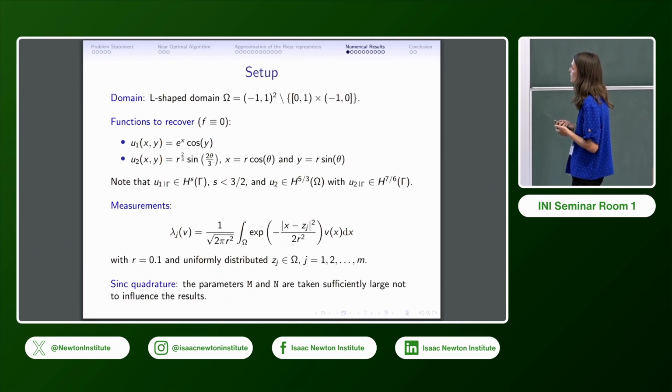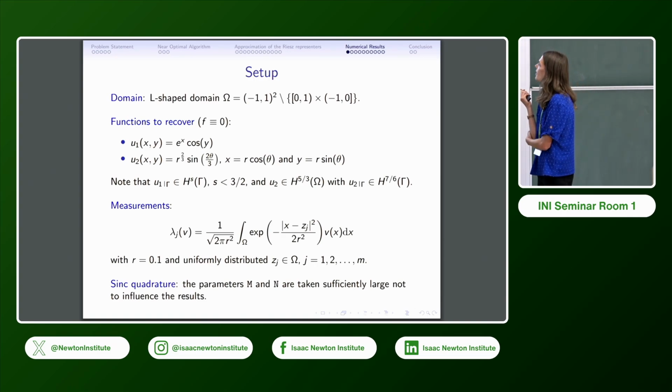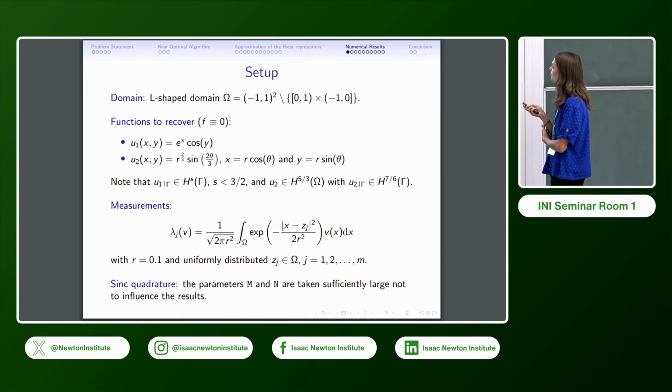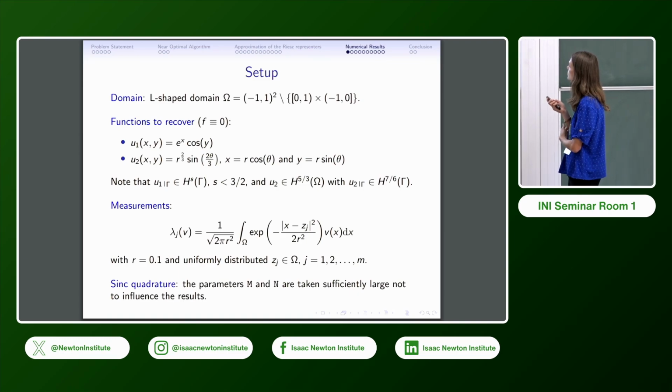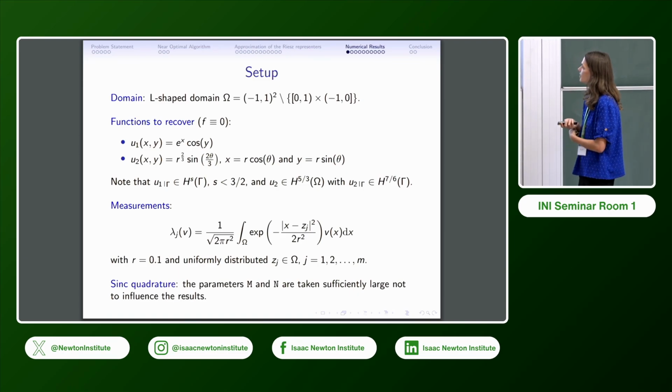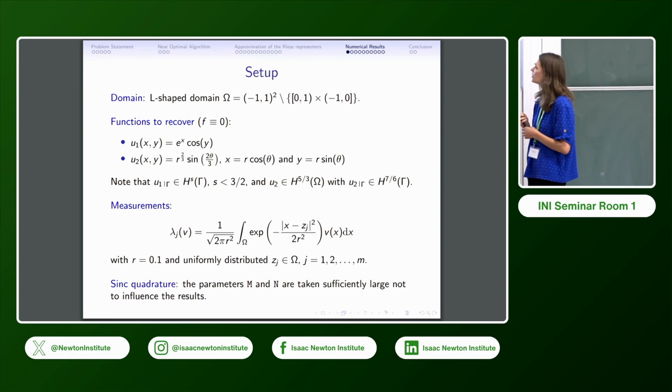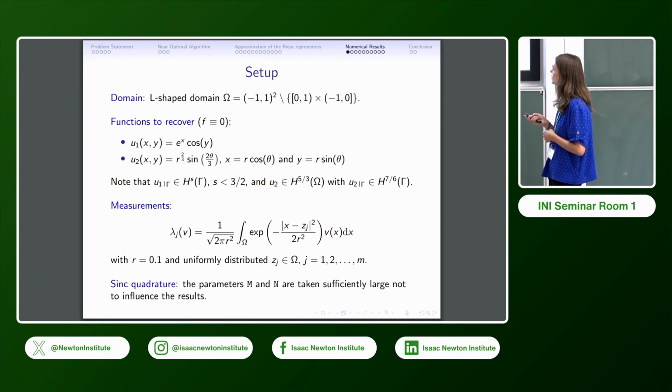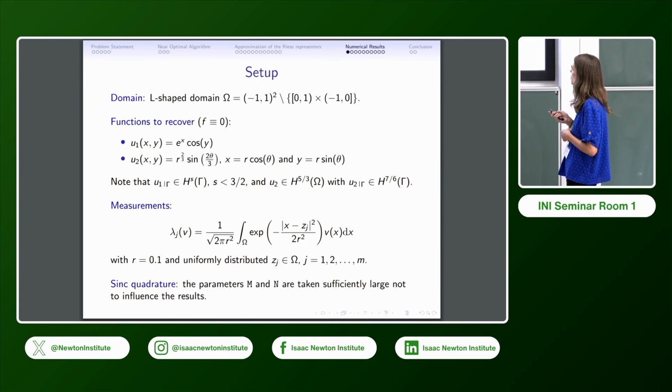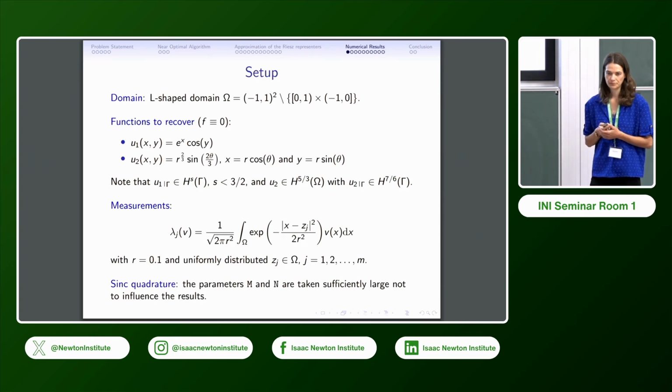So now let me move to some numerical experiments to show you how these perform. This is the setup. So what we consider for the domain is the 2D L-shaped domain. And we will consider two different functions that we would like to recover. One that I will call the smooth one, which is the u1, and one that I will call the non-smooth one, which is this one here, which is only in H^{5/3}.